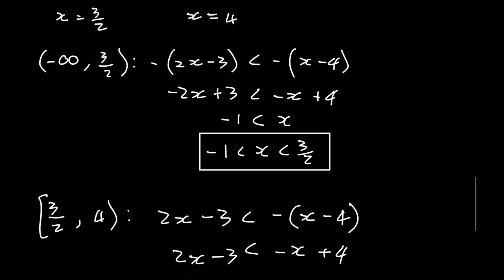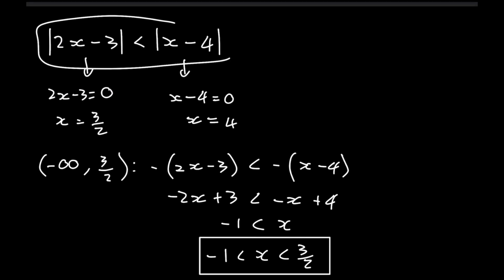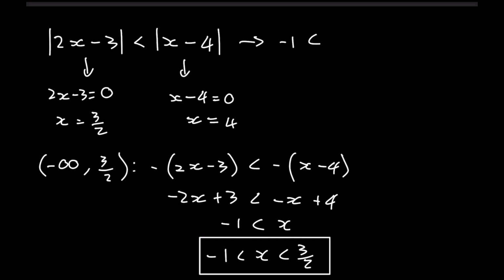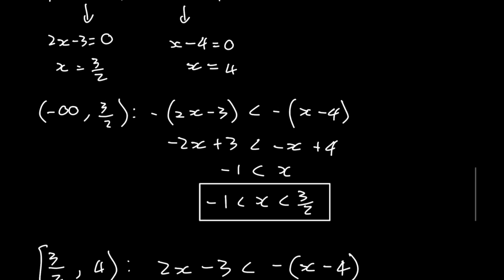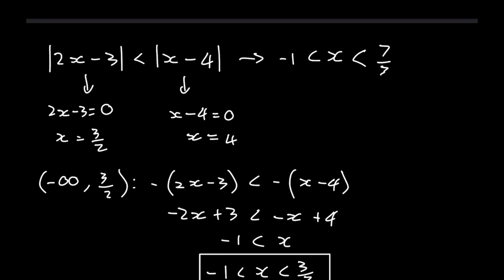So our final answer to this inequality involving absolute values is going to be negative 1 less than x less than 7 over 3. And don't forget, this is where x is an element of real numbers.